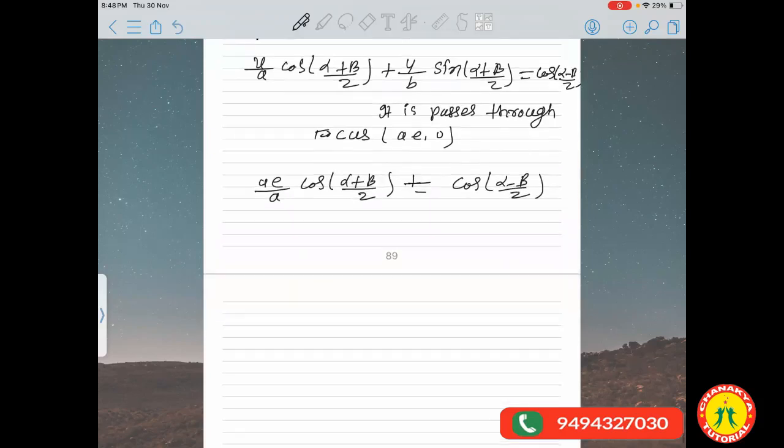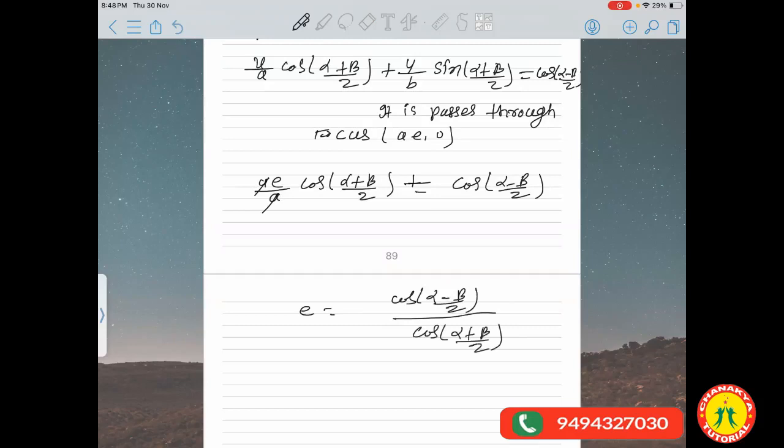Now a cancels out, so e equals cos of (alpha minus beta) by 2 divided by cos of (alpha plus beta) by 2.